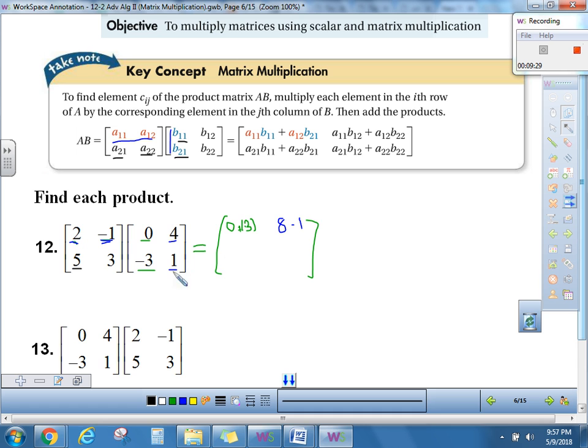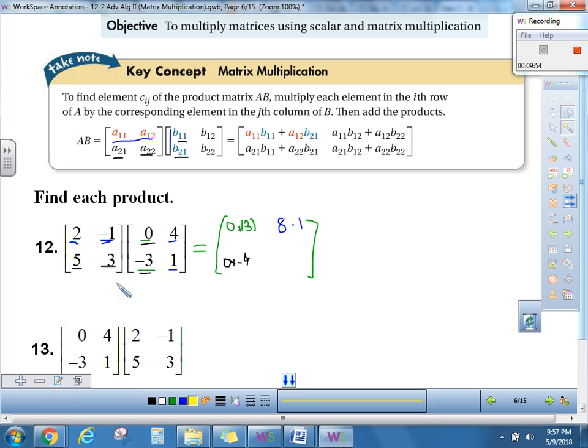5 times 0, which is 0. And we're going to add to that 3 times negative 3. So negative 9. And then we've completed this one.